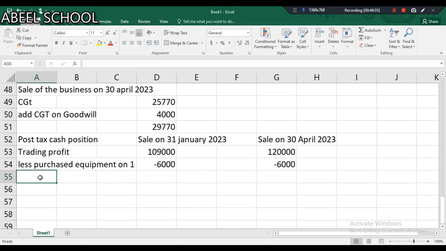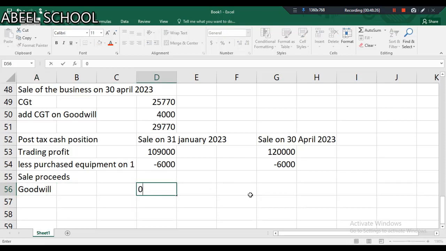Okay, now take the sale proceeds. Goodwill. When I'm ceasing the business and selling it, obviously I will not get anything against the goodwill, but here I am getting 40,000.